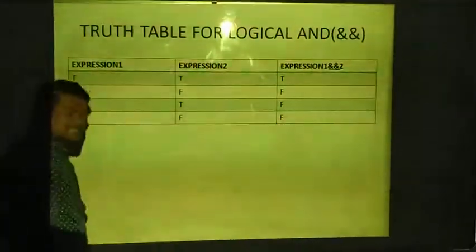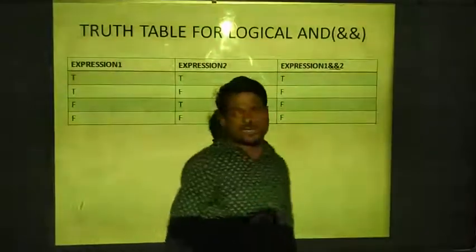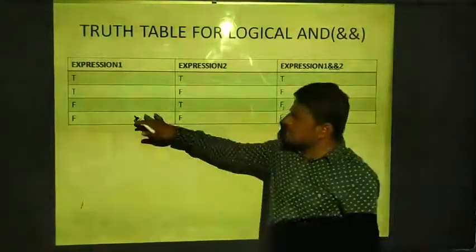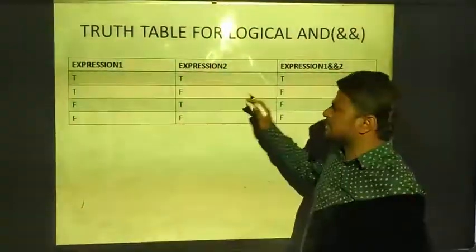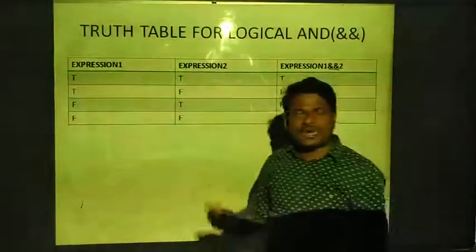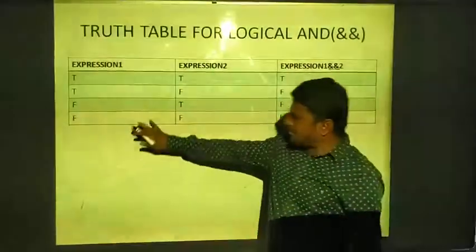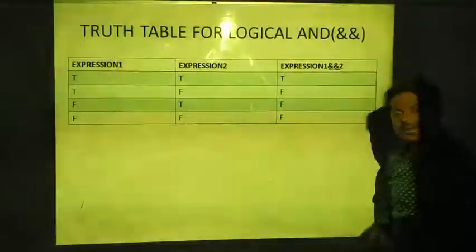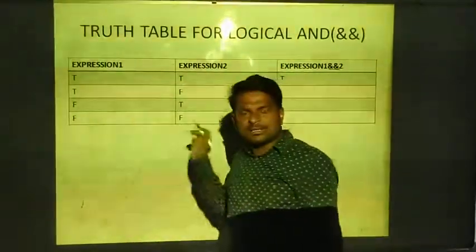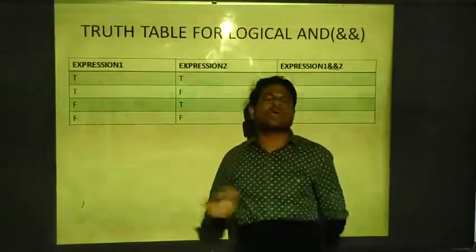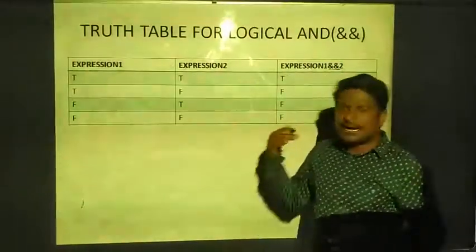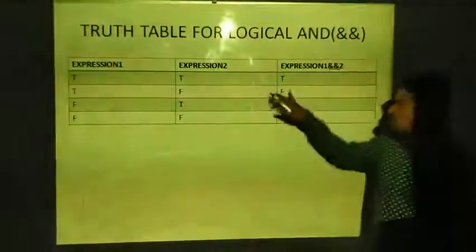If one expression is true and the other is false, we get false. False and true gives false. If both expressions are false, the result is false. Remember, in logical and, only when both expressions are true is the resulting expression true. Otherwise, it is false.